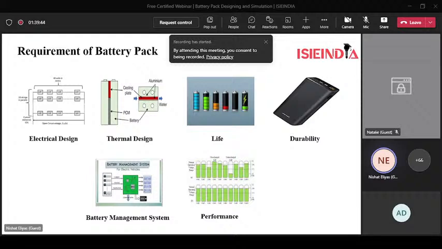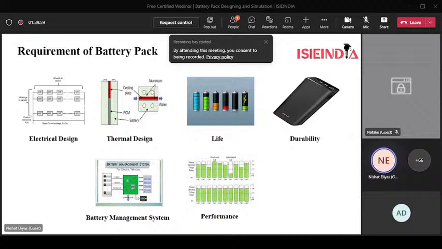This is one of the basic things, like how many cells we have to connect in series and how many cells in parallel. These are some of the basic electrical design requirements.